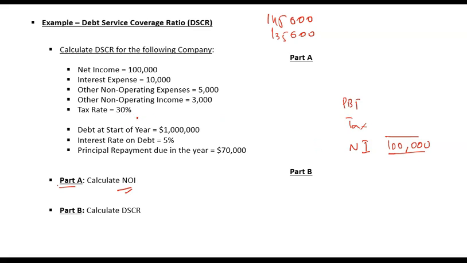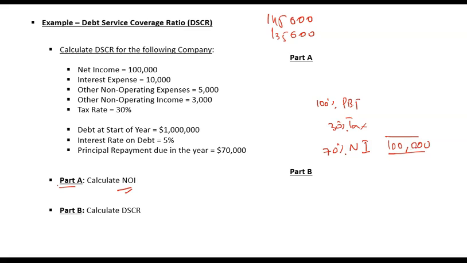Your tax rate is 30%. 30% of what? 30% of profit before tax. So that means this profit before tax is 100%, and this is 30%, and 100 minus 30 is 70%. So that means your net income is 70% compared to profit before tax.